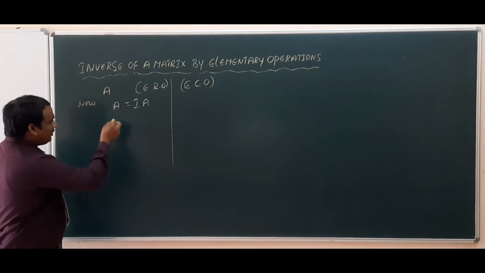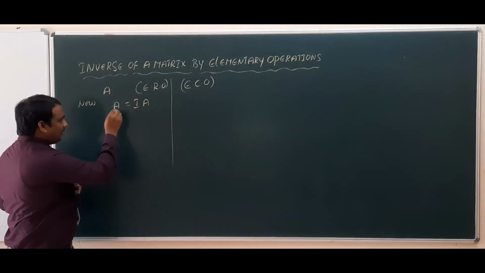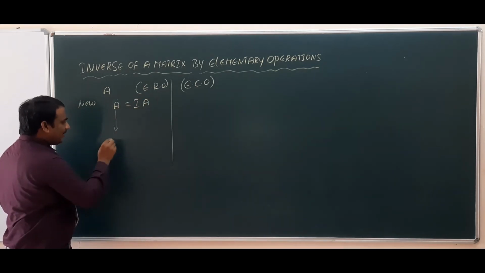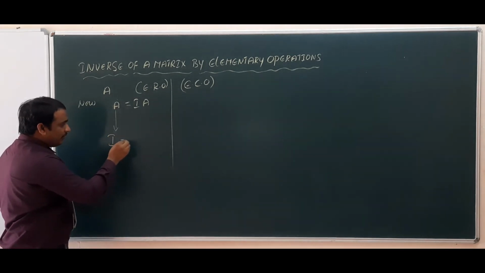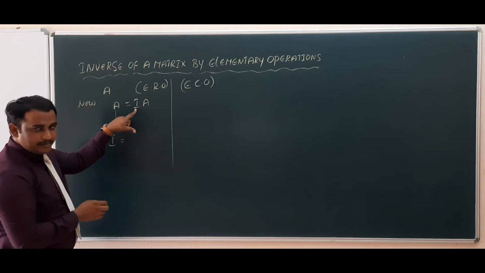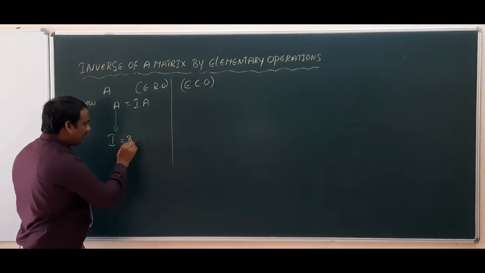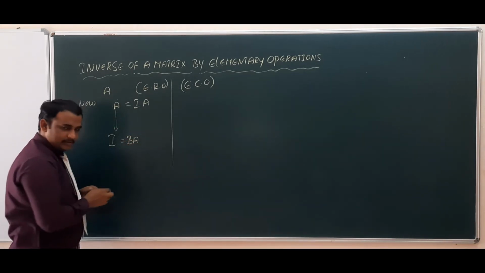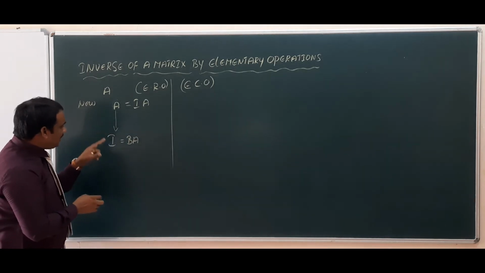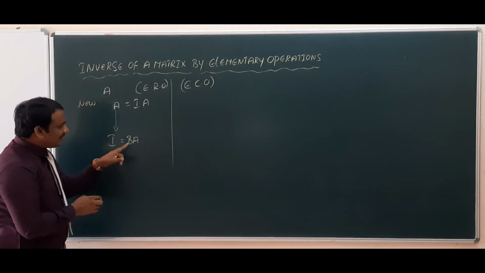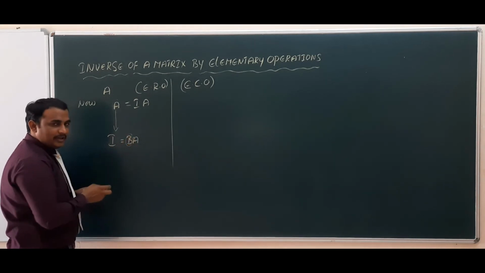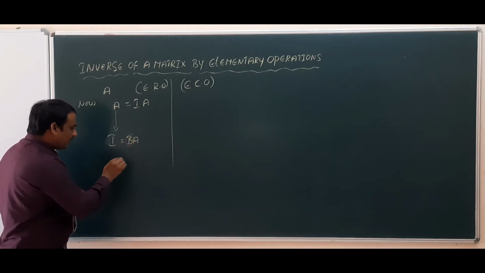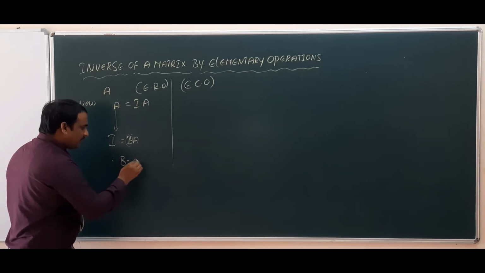On the left side, using elementary row operations, you have to make A matrix become the I matrix, identity matrix. Then the I matrix on the right side will become the B matrix. Now we get B into A. So if you get the left side as I matrix and the right side as BA matrix, therefore B is called the inverse of A matrix.